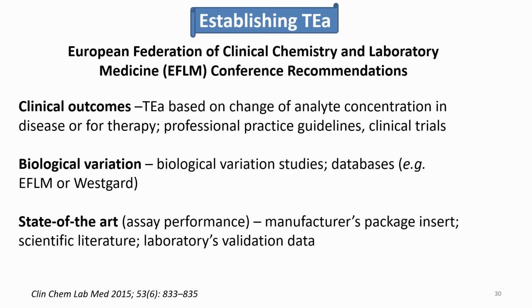And in fact, it should only represent a portion of that change. So you can get that data from professional practice guidelines and clinical trials data. You can also establish the allowable total error on biological variation data. So biological variation is the variation of an analyte when a patient's health status is stable. So that's the natural variation of an analyte, and it's different for different analytes.